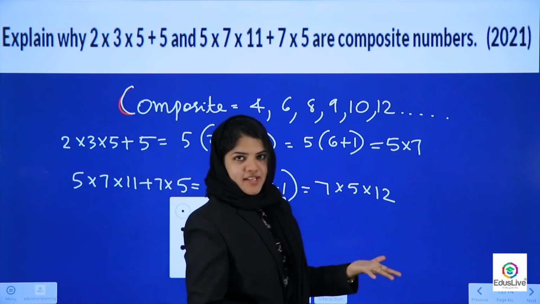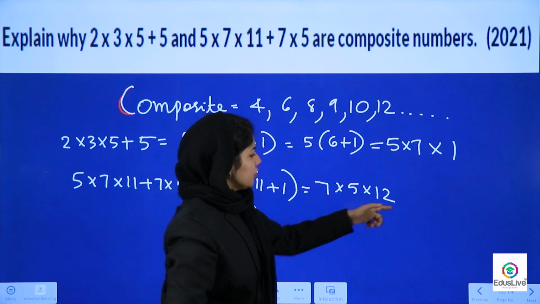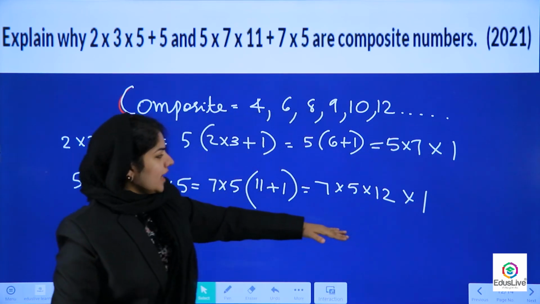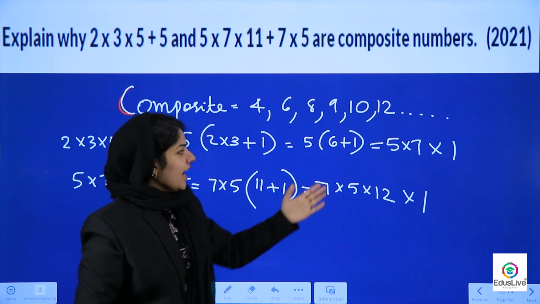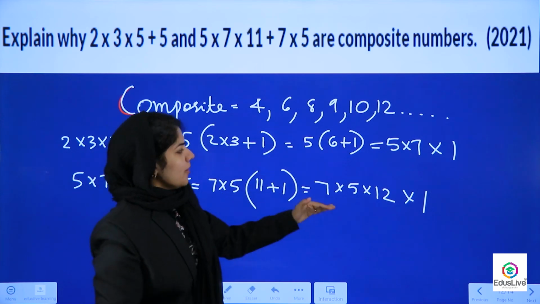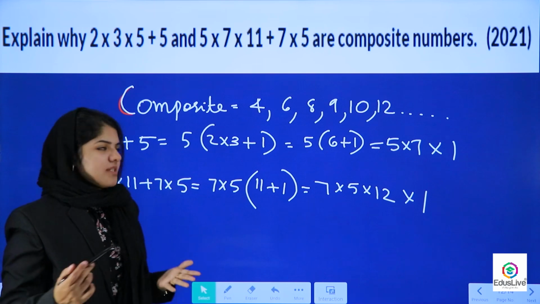So, 5 times 7 is same as 5 times 7 times 1, and 7 times 5 times 12 is same as 7 times 5 times 12 times 1. So, in these two cases we see they have more than 2 factors. So, these are composite numbers.